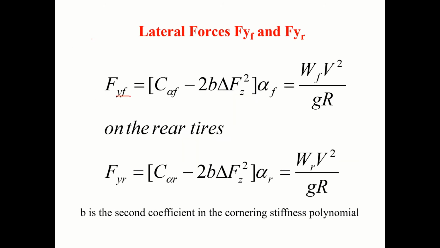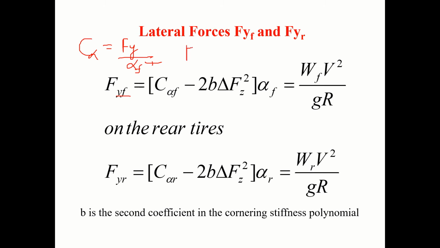Now, I told you about C alpha. C alpha is what? Tire stiffness coefficient, cornering coefficient, tire cornering stiffness. I call this alpha. This is a tire slip angle, this is a lateral force.